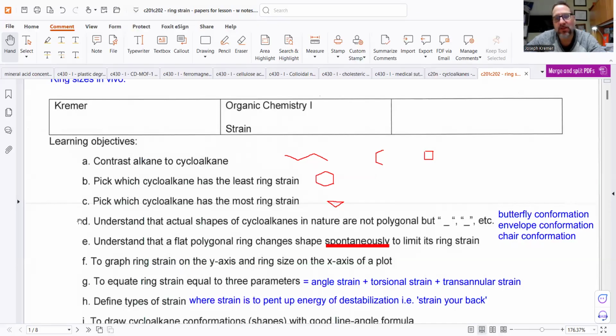Part D. Understand the actual shapes of cycloalkanes in nature. They are not flat polygons, but they are butterfly conformation, envelope conformation, and chair conformation. Don't have to take my word for it.